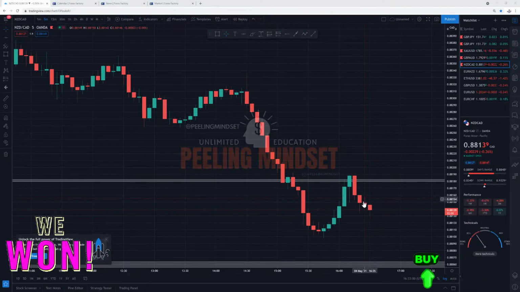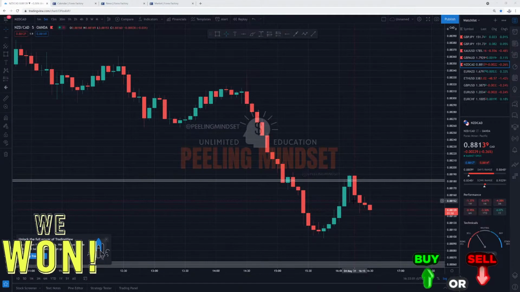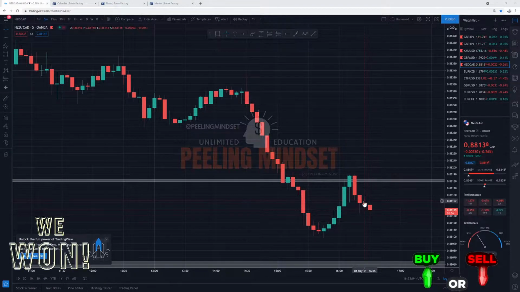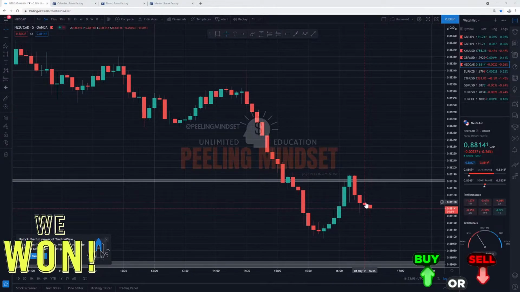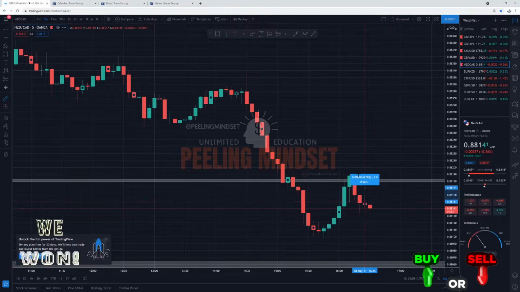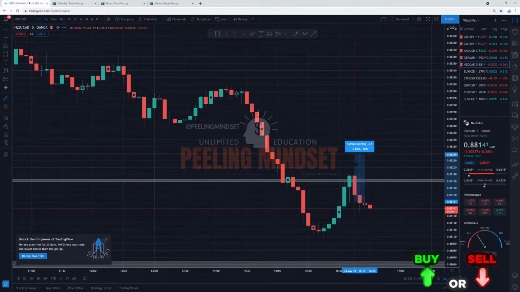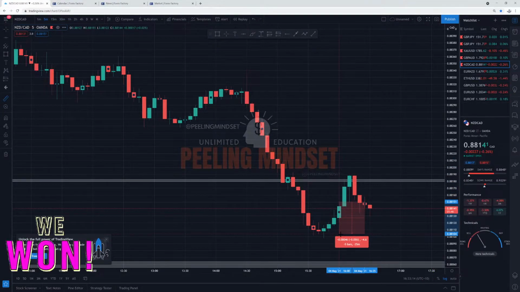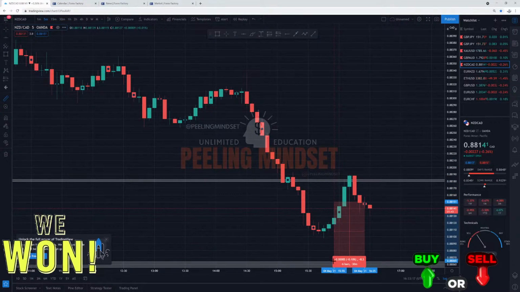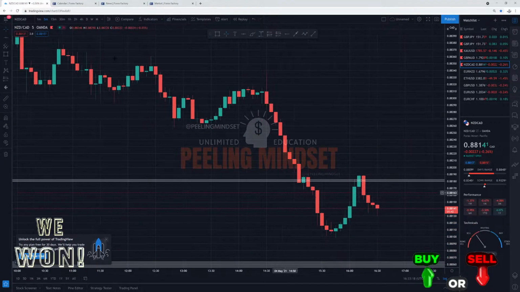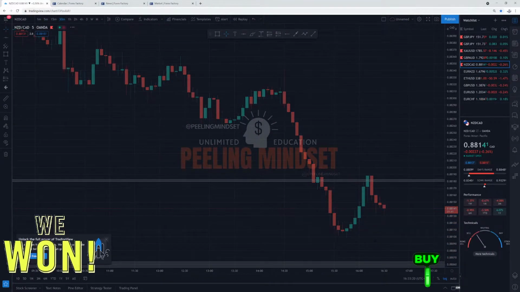Any sort of re-entry would have been right here on the break of this 5-minute candle. I would have entered here with my stop loss like 6 pips above. And it's actually not enough range. NZD CAD doesn't have enough range for me.